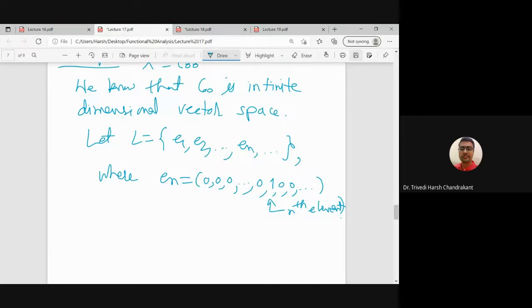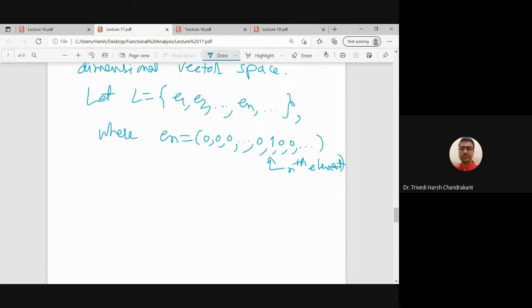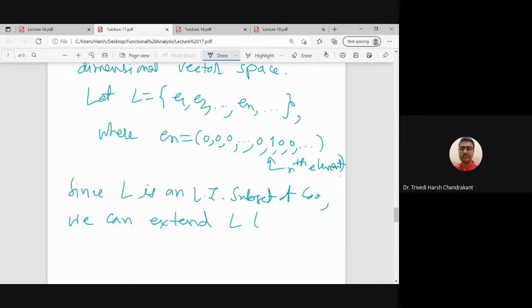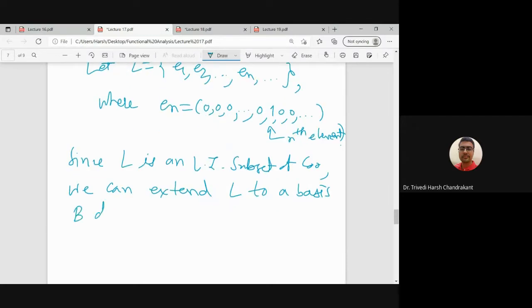Now we want to define a function. Since L is an LI subset of c00, we can extend L to a basis B of c00, right?